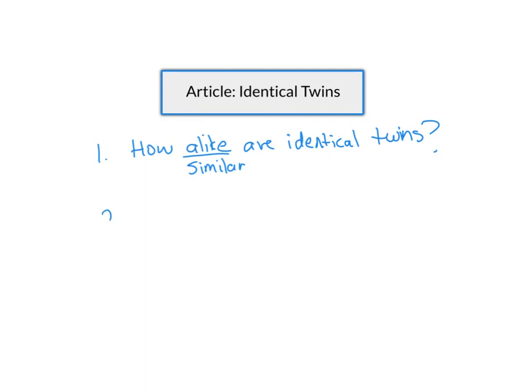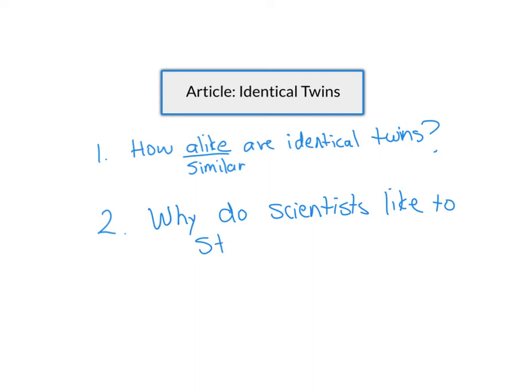Is that alike or similar too? And then number two, our question is, why do scientists like to study identical twins? Why do scientists like to study identical twins? What makes them interesting for science?